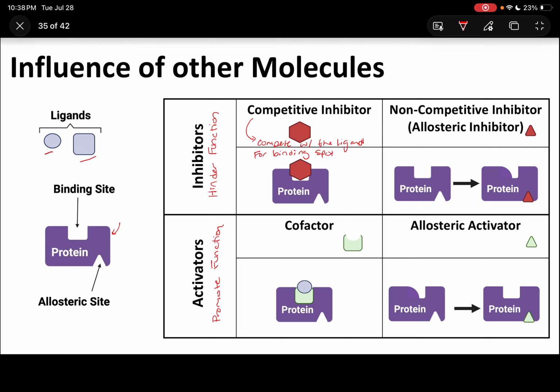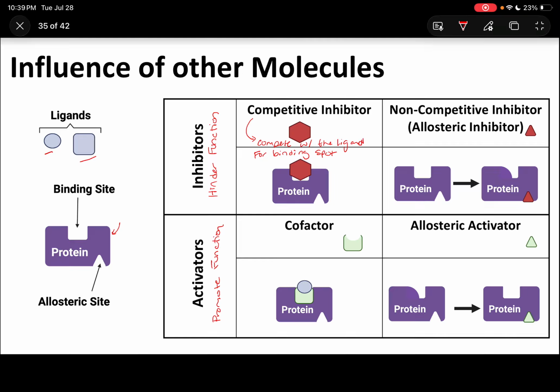What happens here is that the competitive inhibitor, which in this picture looks like that red stop sign, binds to the binding site and prevents the ligand from binding. You can see looking here that this doesn't appear to fit. It doesn't have a good specificity, it doesn't have a great affinity, but it is still able to prevent the other ligand from binding.